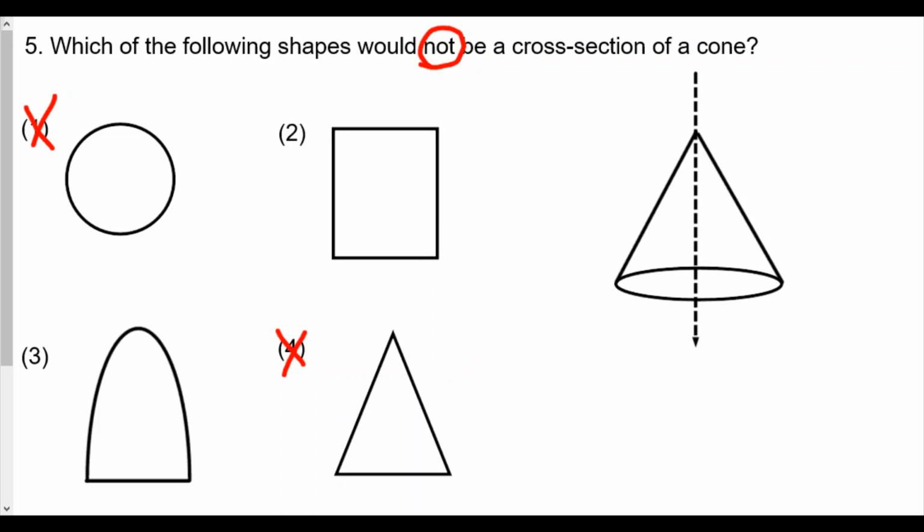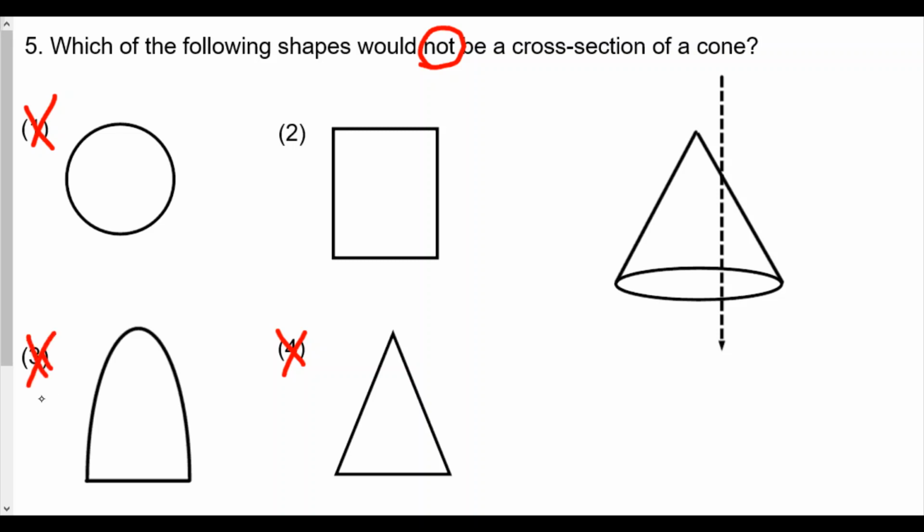But what if we instead did not cut down dead center from the top? What if we moved the knife somewhere over here? Well, if you did that, as we separate the right piece from the left piece, we would get a showing of choice 3. So choice 3 would end up being a cross section here.